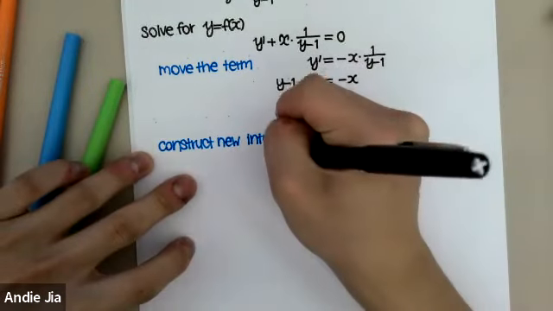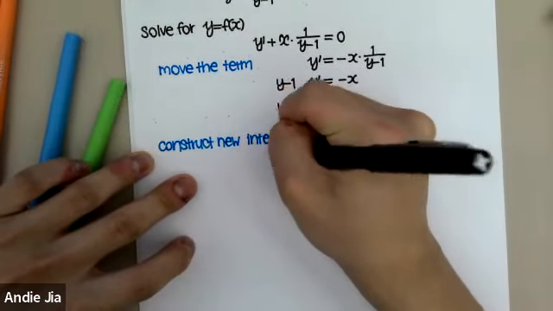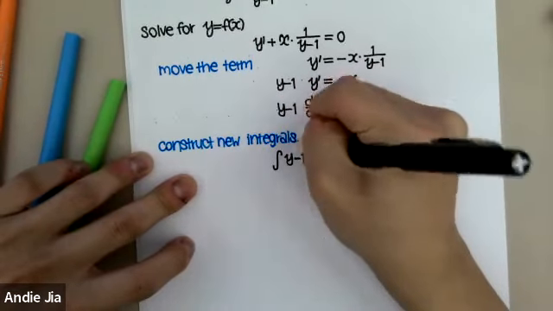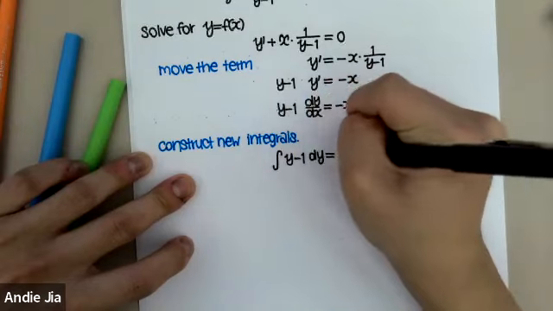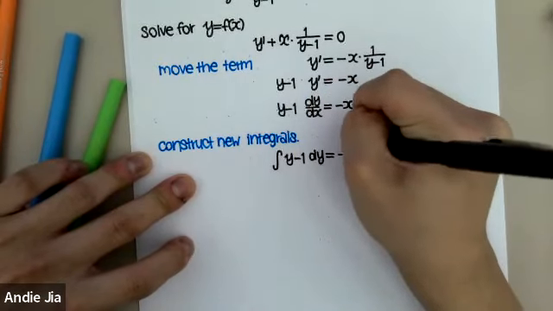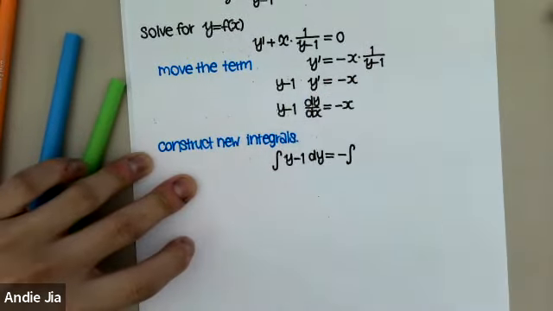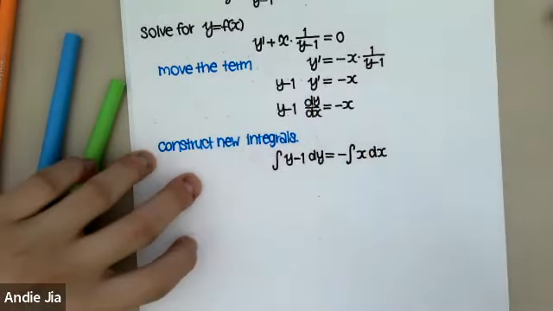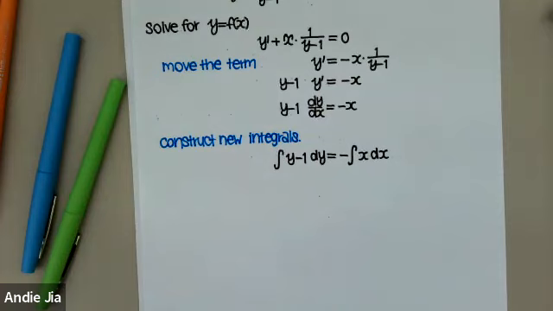So it's going to be the integral of (y minus 1) dy equal to the integral of negative x dx. Now we do integration.